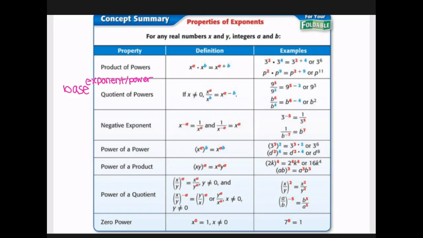If you have a power of a power, then you multiply. So x to the a raised to the b is really like x to the a times b. If you have two things being multiplied in a power on the outside, that power distributes in to both parts.